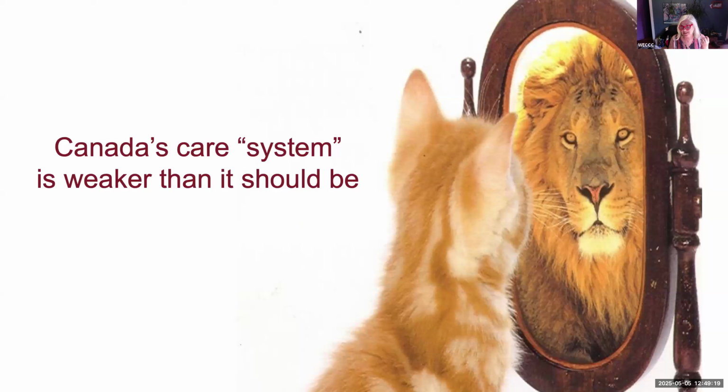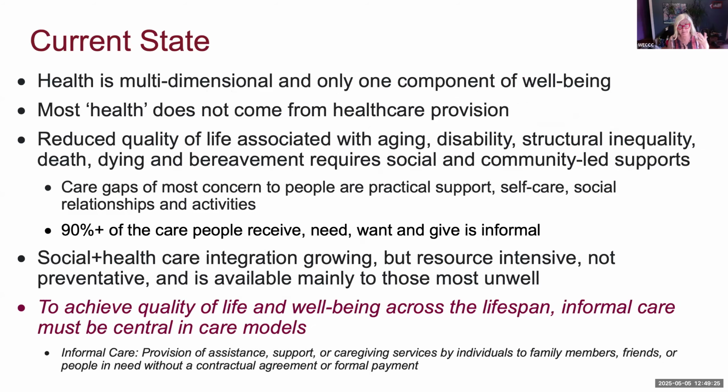Canada's care system is weaker than it should be. People don't have access to the support that they need. We know that health is multidimensional and only one component of well-being. So we're interested in health, we're interested in wellness as well. Again, health doesn't come from healthcare provision.